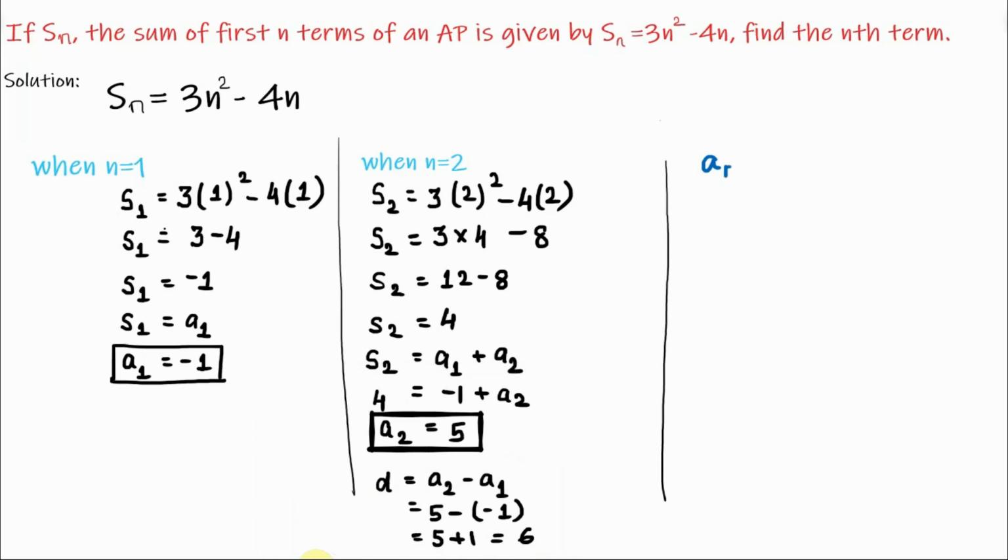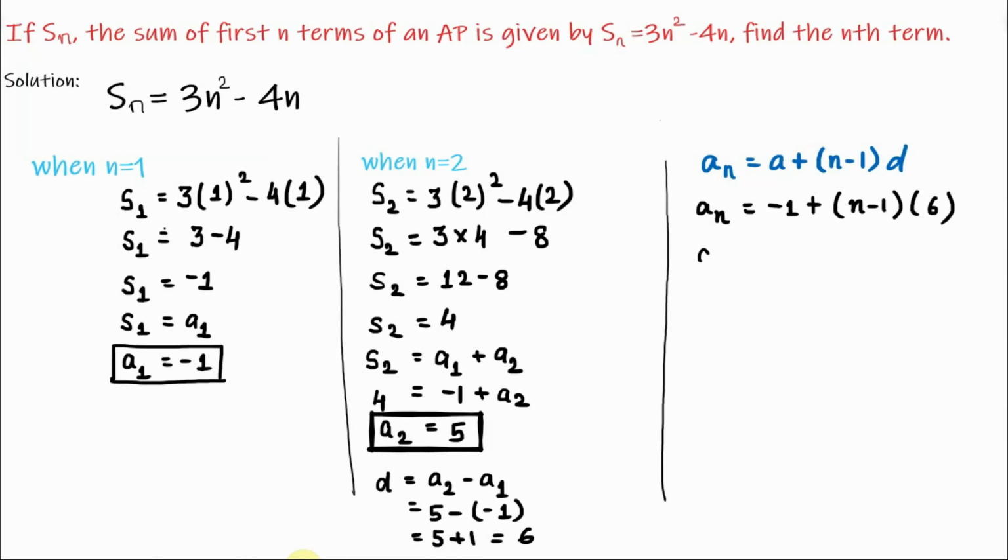Now we are asked to find the nth term, and the formula of the nth term is what is shown on the screen. We just substitute the value of a and d in this equation and we will get the final answer for us. So we get a as -1 and n, we substitute n as it is, n minus 1, and the value of d is 6.